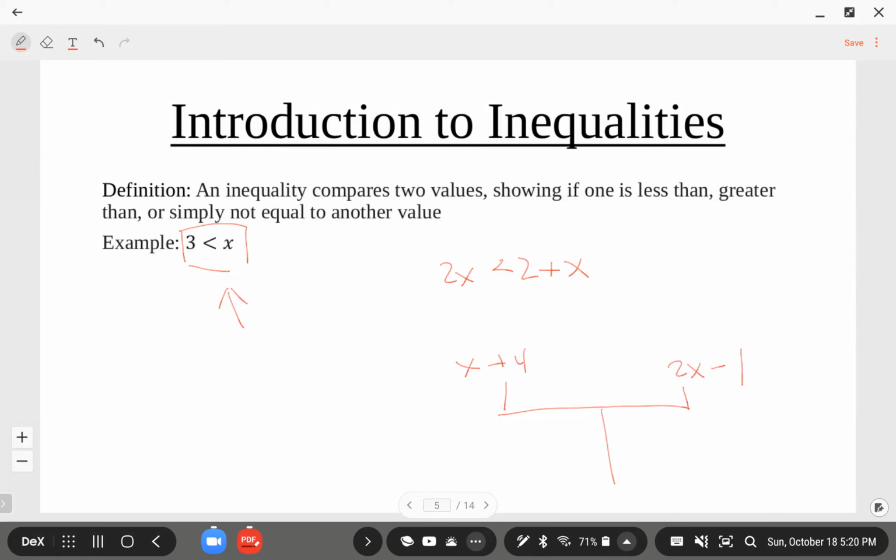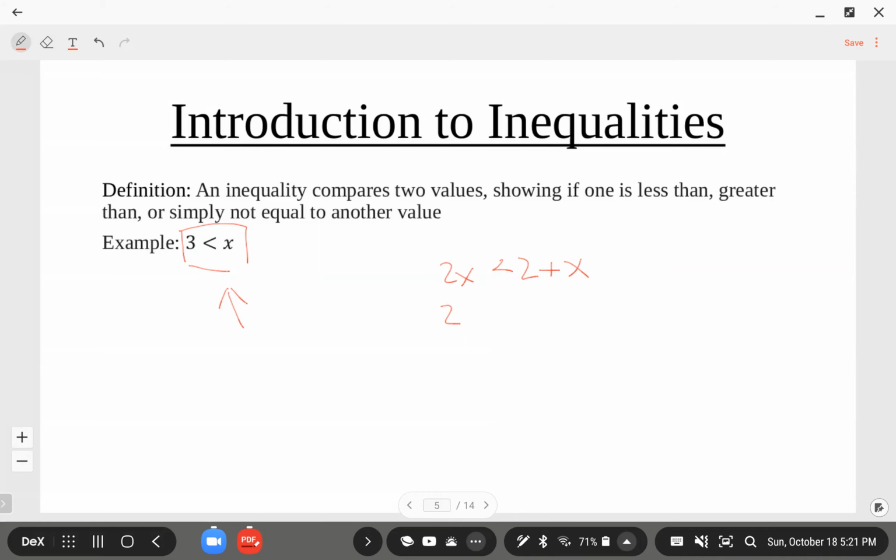If you literally put them on a scale, they will be balanced. Now, an inequality is when these two sides are not equal. It can be less than: 2x is less than 2 plus x. Let me go over the signs real quick.